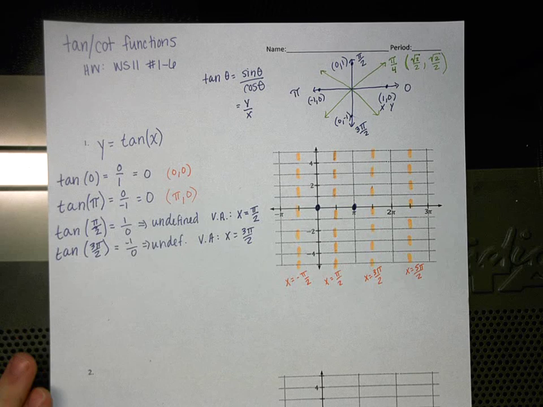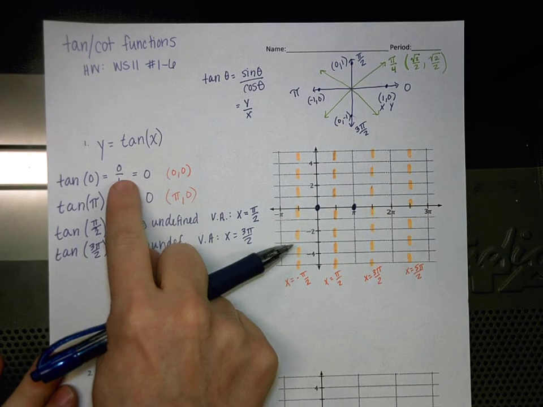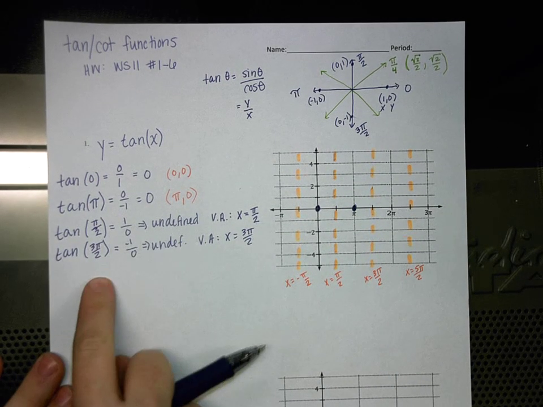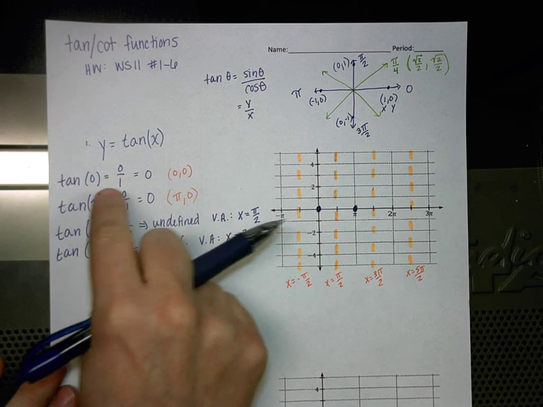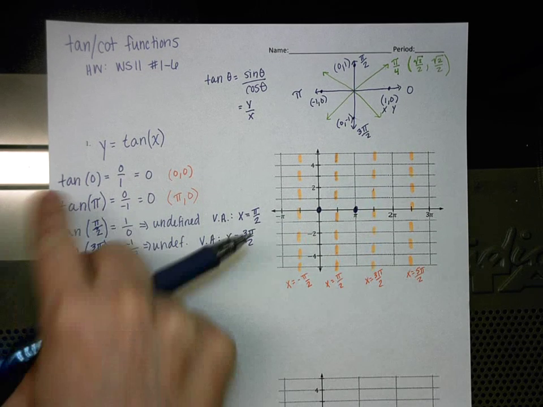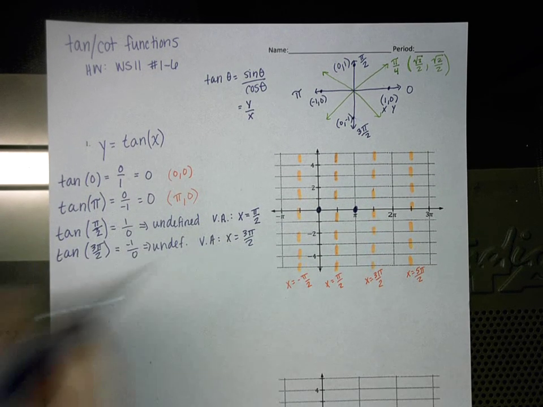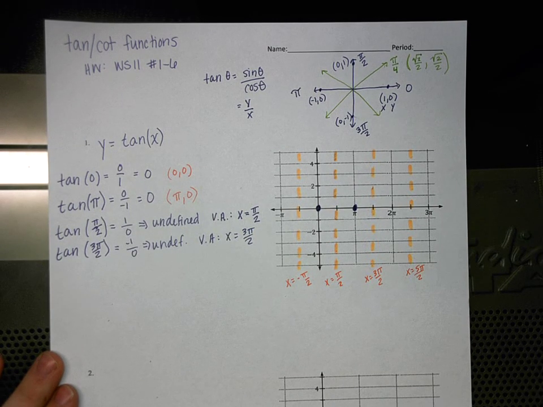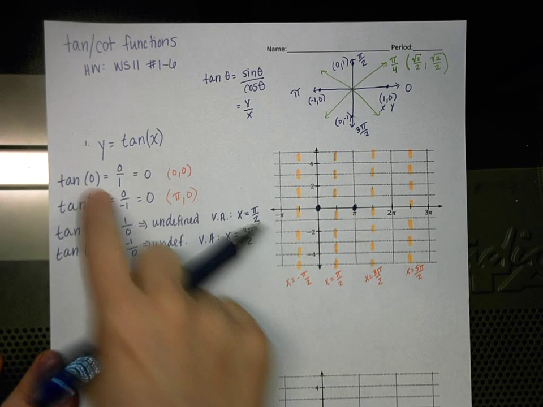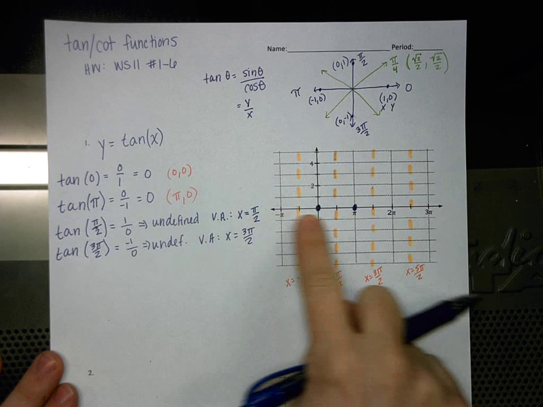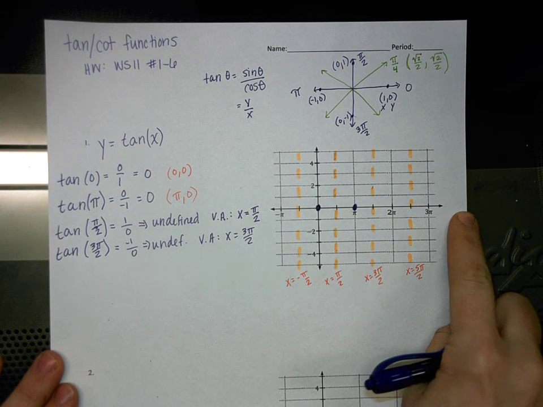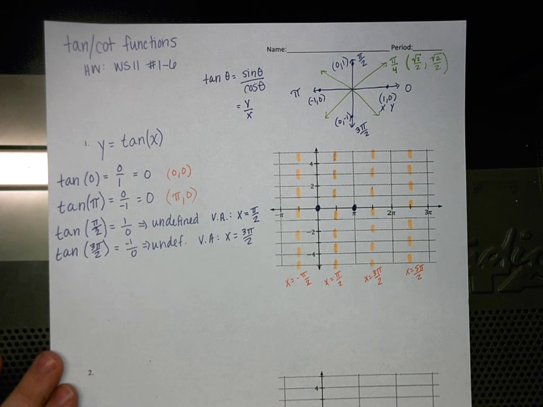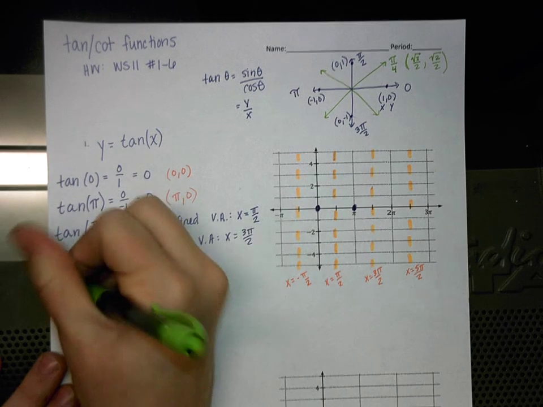So we're going to do some other values besides my quarter turns. So in sine, cosine, secant, cosecant, all of those, you can just do your quarter turns and figure out what values to plot. But on tangent, since I only have these middle values, I want to figure out what my tangent function is going to look like.